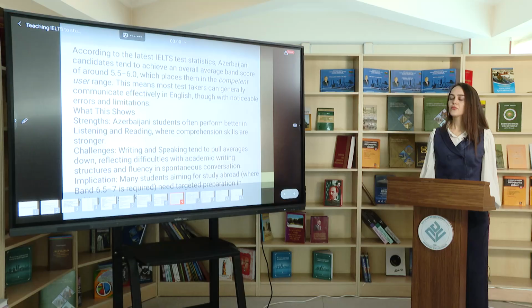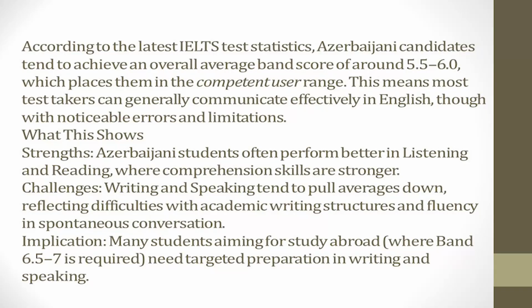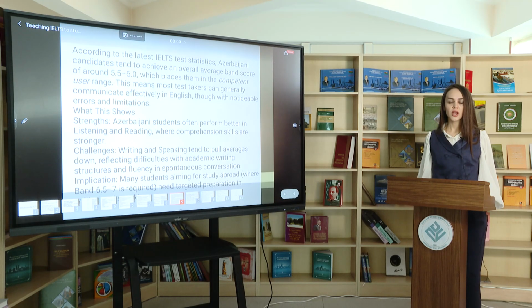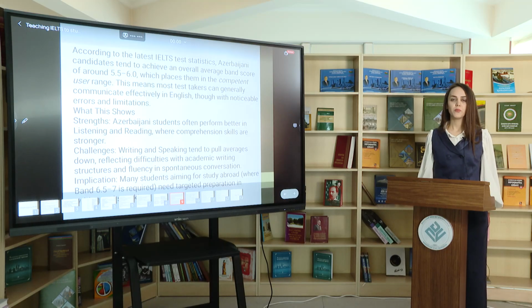Then I want to share one fact with you: Azerbaijani candidates tend to achieve an overall average band score of around 5.5 and 6. It means that people in Azerbaijan have common knowledge about English, and their level is a competent user.